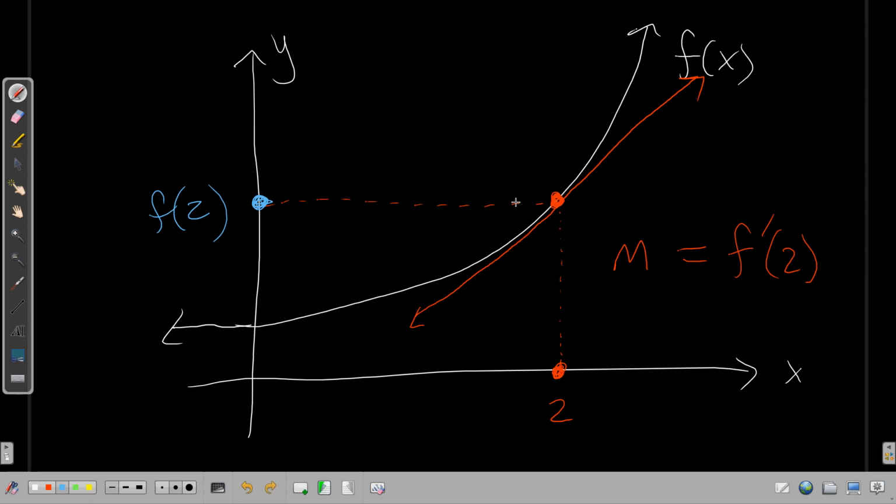But very close to this point, it's a good approximation. I wonder how good of an approximation it would be if I just moved over by 1 to 3. Let's look.